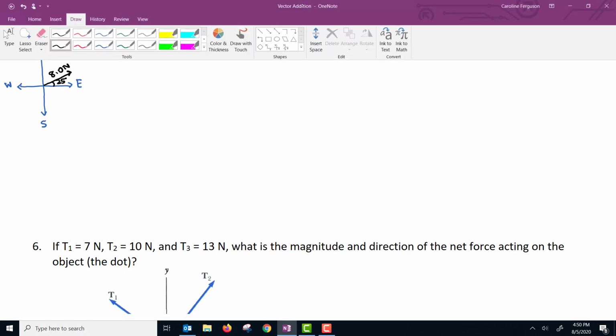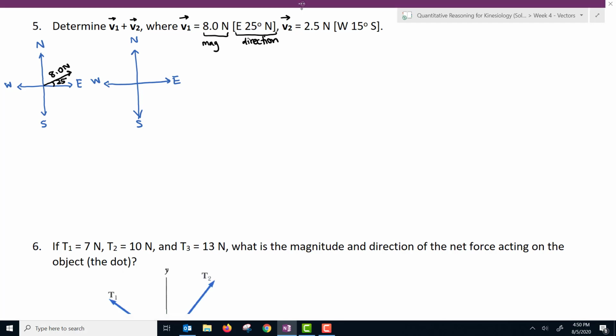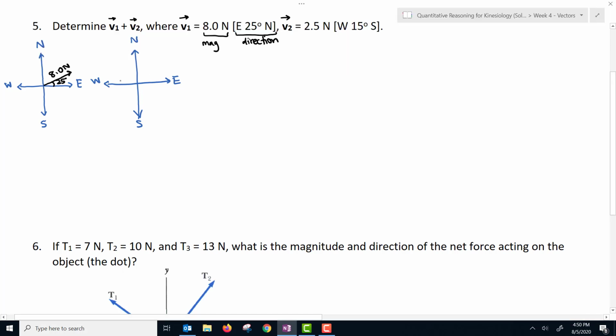And the second vector, if I redraw, goes 2.5 newtons west, 15 degrees towards south. So we're going to go west, and from there, 15 degrees towards the south.